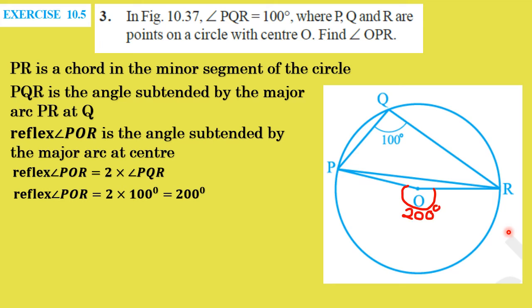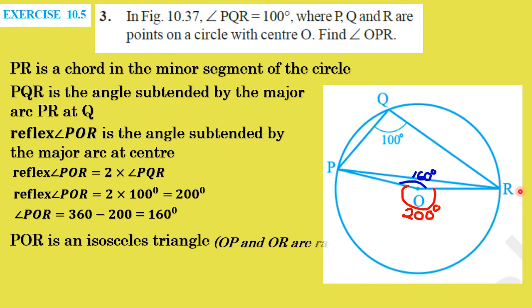Now, when we get 200, we can find the other angle, that is angle POR. That will be 360 minus 200, that's equal to 160. Now, what we have to find is angle OPR. So here, OPR is an isosceles triangle. Why? Because OP and OR are the radii of this circle.